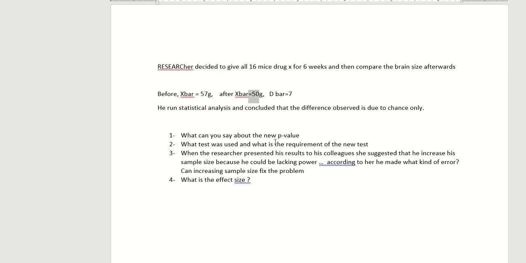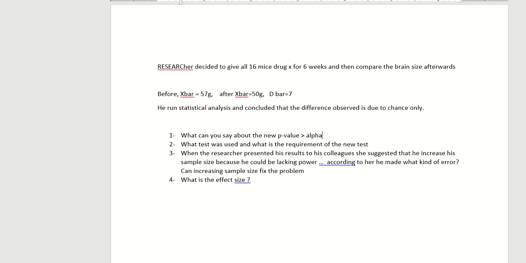This is just an artifact of sampling. So according to his conclusion, in reality there is no difference. Meaning, he's concluding that the null hypothesis is true. He is failing to reject the null hypothesis. And when would we fail to reject the null hypothesis? We would fail to reject the null hypothesis when the p-value is greater than alpha.